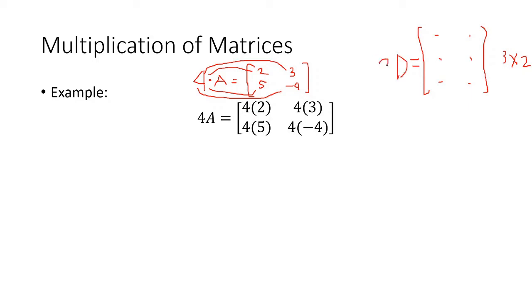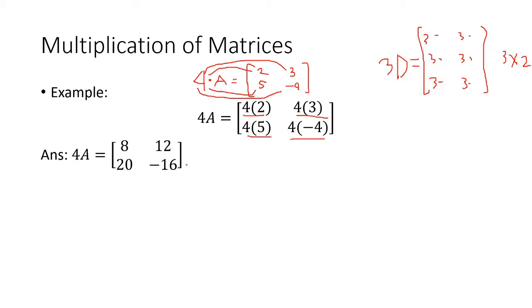For example, we are going to multiply 3, so dapat distribute ang 3, distribute ang 3 diri, distribute ang 3, and then distribute ang 3 diri. So na lang ka simple. Pag constant na itong i-multiply. Okay, so the answer is this. So 4 times 2 is 8, 4 times 5, 20, 4 times 3, 12, 4 times negative 4 is negative 16.